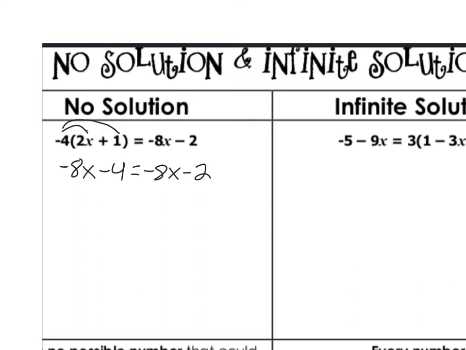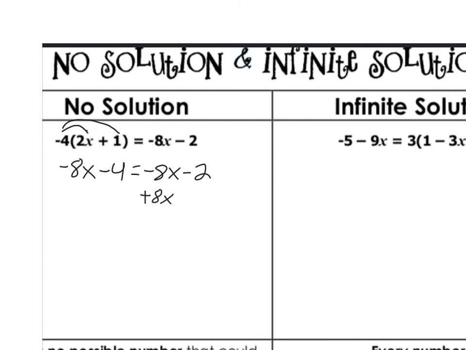So what would we do next? Well, we don't have any like terms to combine on either side of the equal sign. So what we would do now is move one of the variables to the other side. We want to get the variables to the same side. Take a look at what happens when we do this, though. We would add 8x, right?